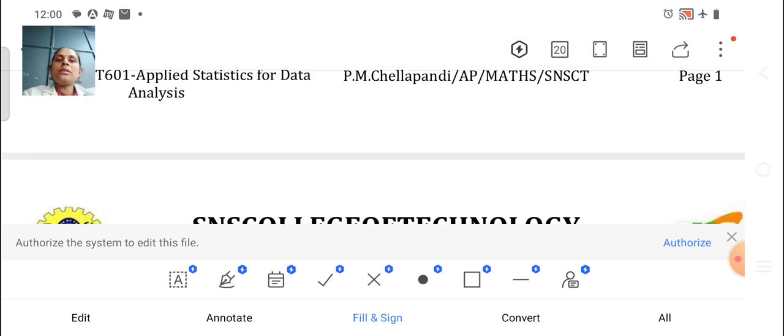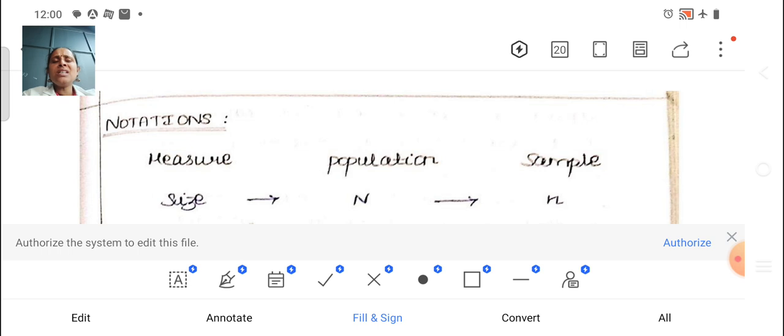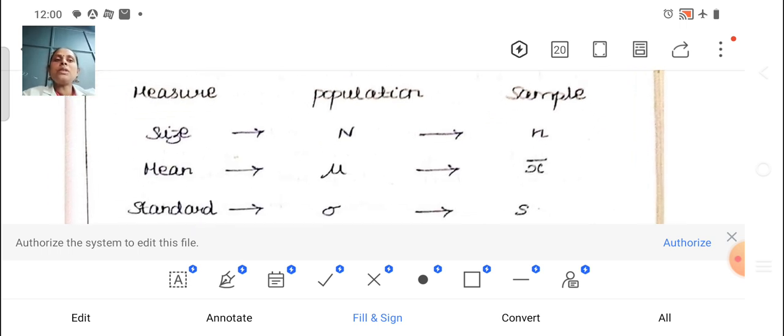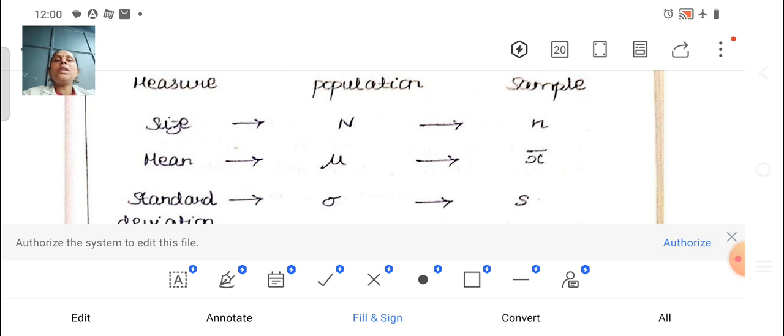Okay. Next, let us see the important notations. These notations are very important. We categorize them as population and sample. The population size is capital N and the sample size is small n. The population mean is mu and the sample mean is x bar.